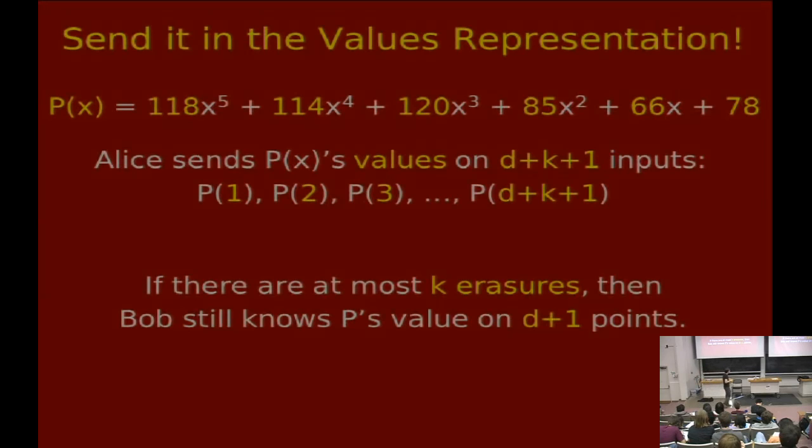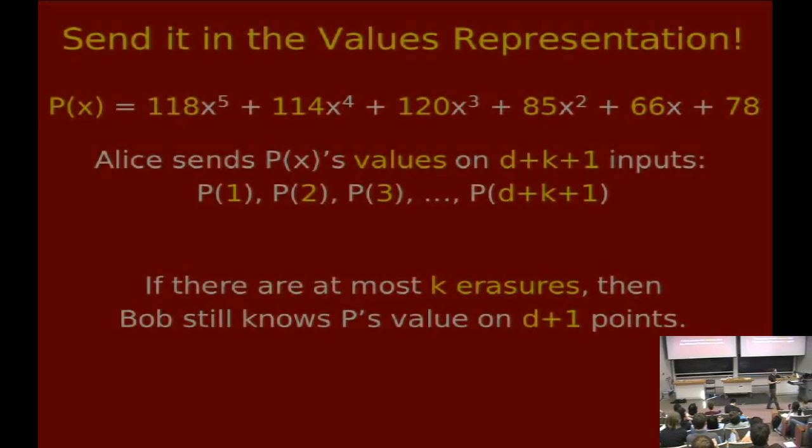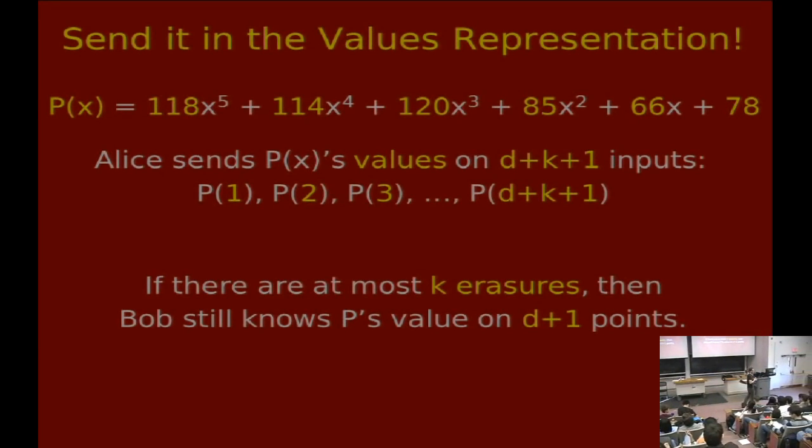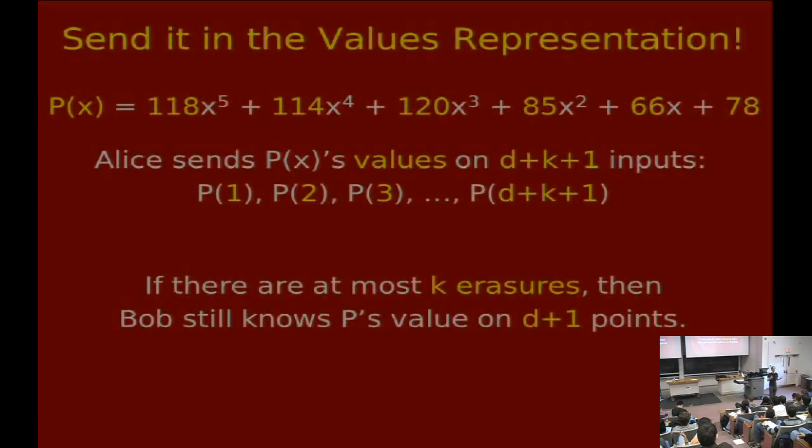Okay, so in the erasure channel, Alice sent d plus k plus 1 values to Bob. K of them get erased, so at least Bob still knows p's values on d plus 1 points. So why is Bob now happy? Yes, that's right.